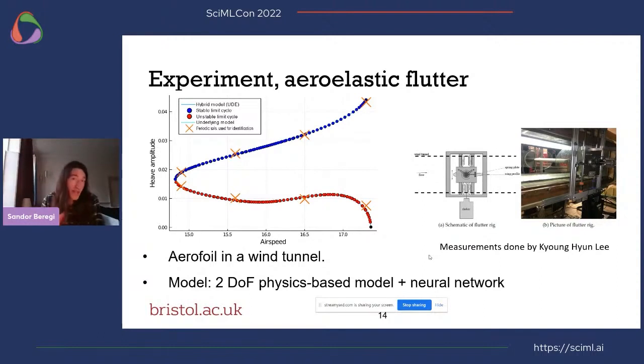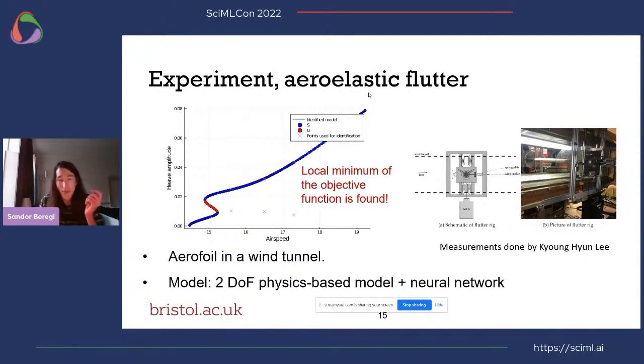And as you can see, it was possible to train a universal differential equation model which could replicate the measured bifurcation diagram. So we could say that this is a relatively nice result.